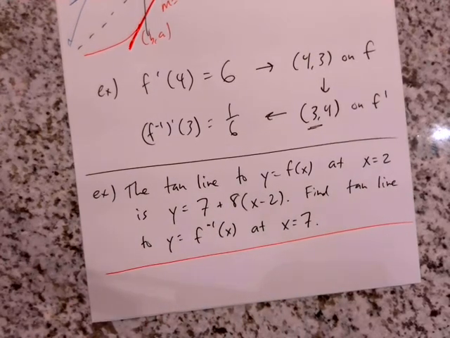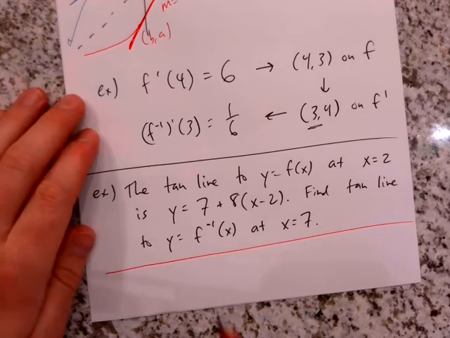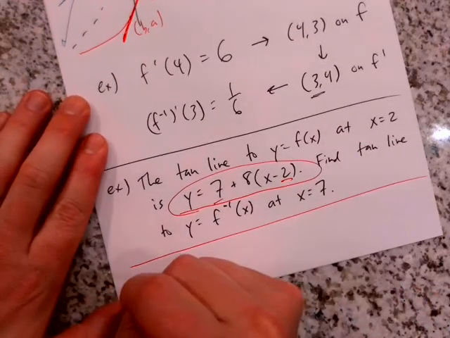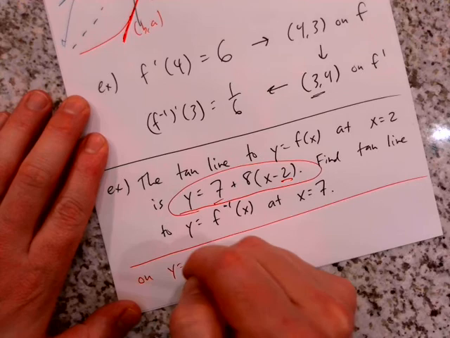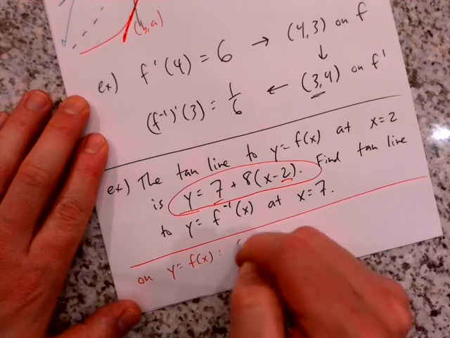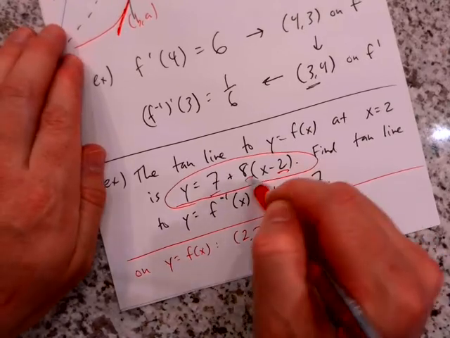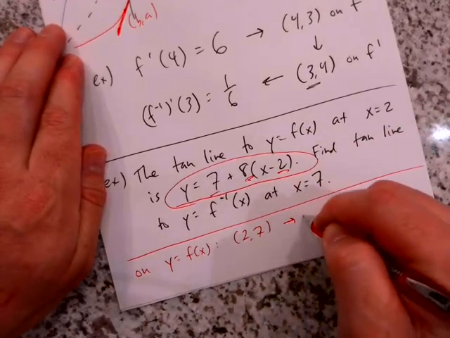So there's not much to do here in terms of math. Most of it kind of happens in your head logically. We can see from the equation of the tangent line that the point is 2 comma 7. So on the graph of f of x, we have the point 2 comma 7, and the slope at that point is 8.